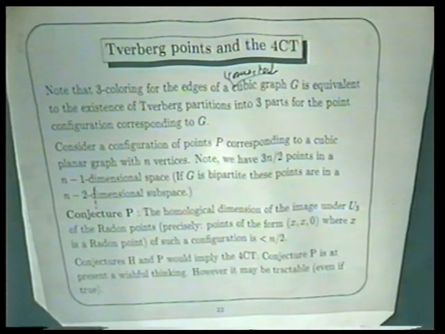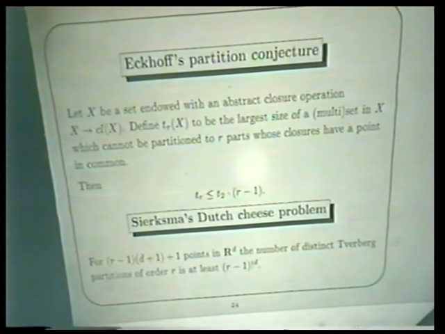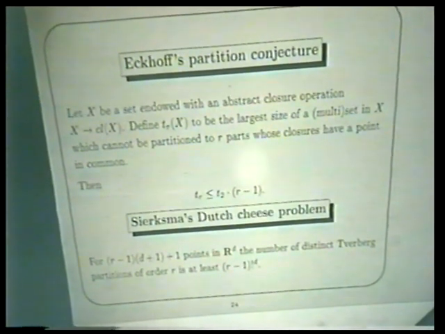And finally, Sierksma, another mathematician who studied this, asked: if you have the right number of points to guarantee one Tverberg partition, what is the minimal number?